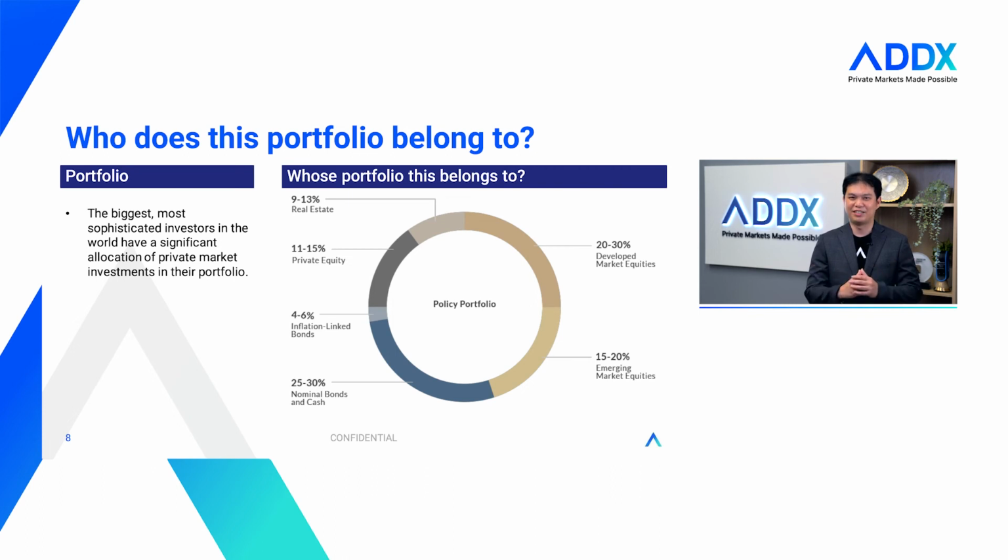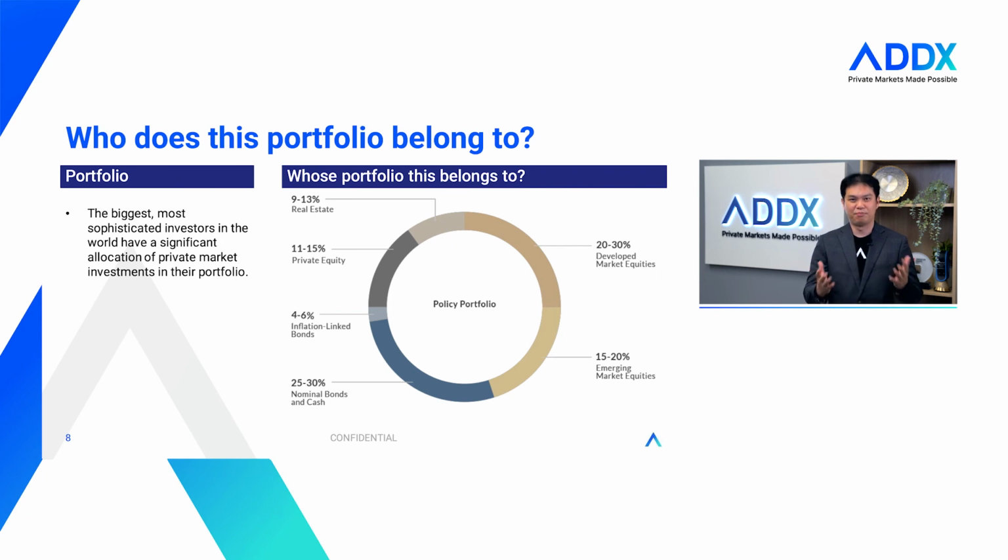One of the common reactions to this discussion on allocating more to private markets is this: there's just no way to access such investments. These investments into private markets have traditionally been limited to institutional investors, pension funds, sovereign wealth funds, large asset managers, and ultra-high net worth individuals.